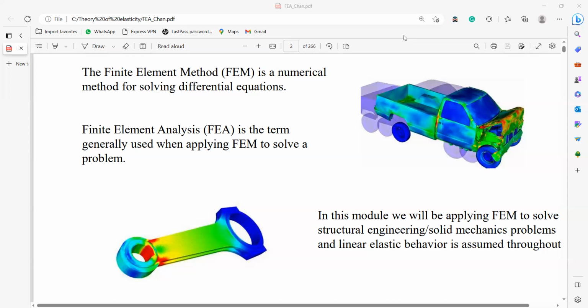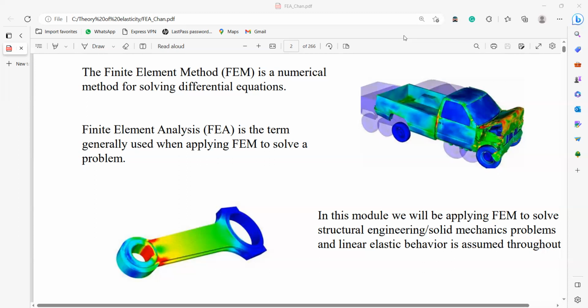So, in this module, we will be applying the finite element method to solve structural engineering or solid mechanics problems. And only linear elastic behavior is assumed throughout. What is the difference between linear and non-linear? And what is the difference between elastic and plastic?